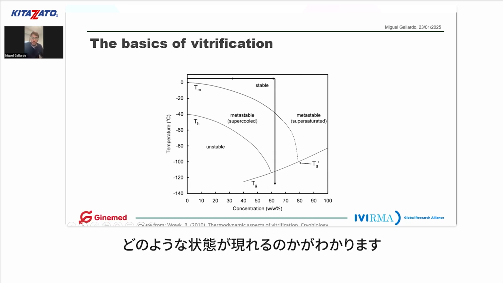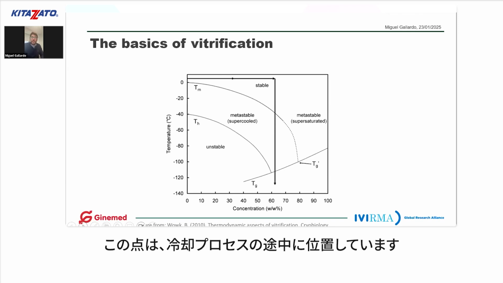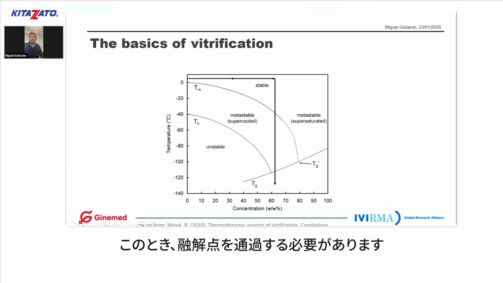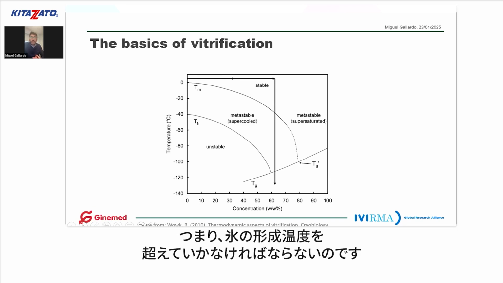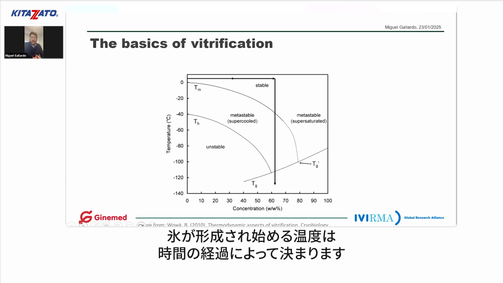And if you click, we will see that the oocyte is sitting, as we discussed before, at around 20%. To cool, to go down the y-axis, the temperature axis, at that concentration of 20%, we have to go through the melting temperature area where ice is going to form.